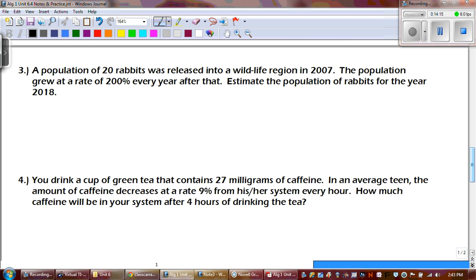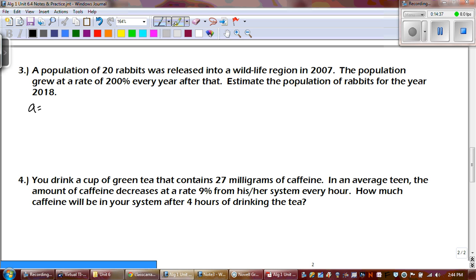All right, number 3 says a population of 20 rabbits was released into a wildlife region in 2007. The population grew at a rate of 200% every year after that. Estimate the population of rabbits for the year of 2018. All right, so what did we start with? Well, we started with 20 rabbits. Our rate of 200%.